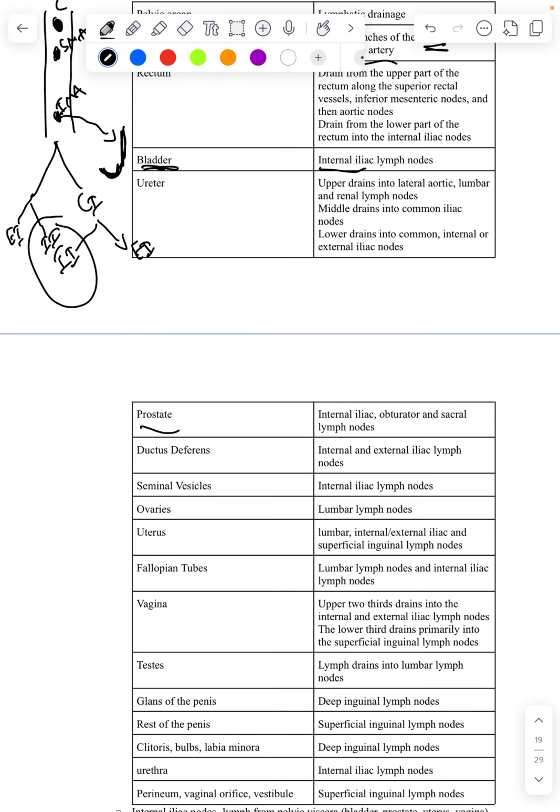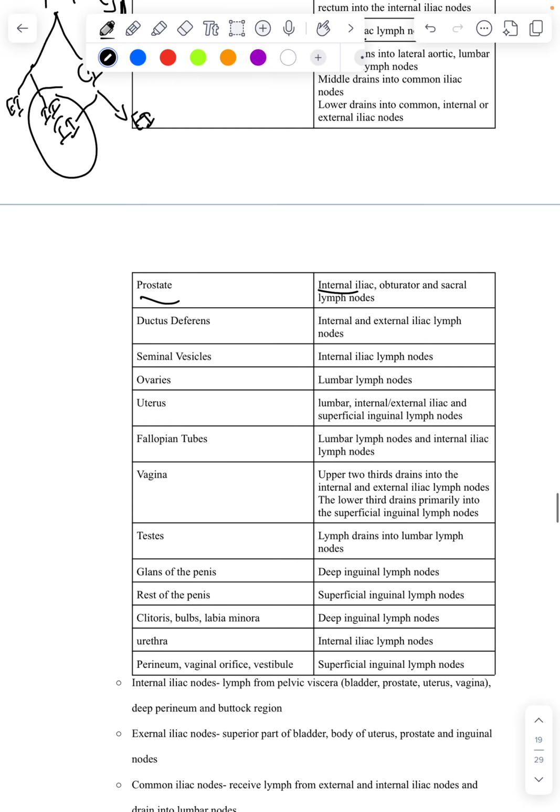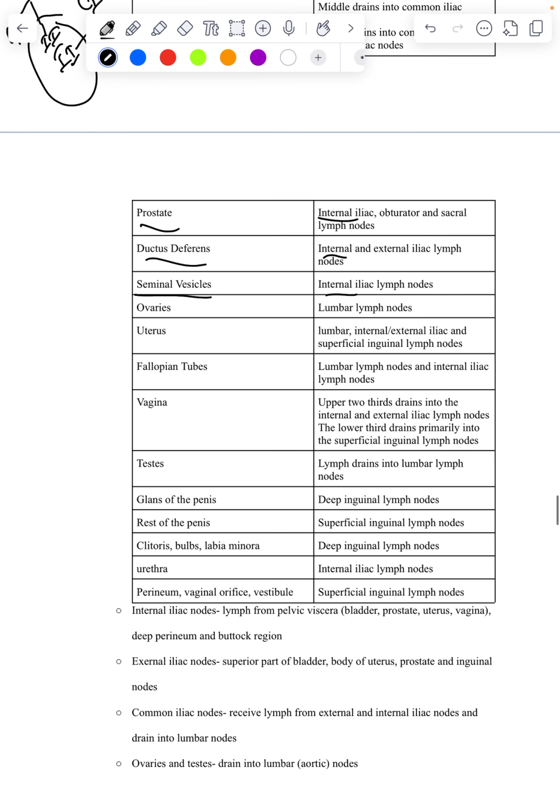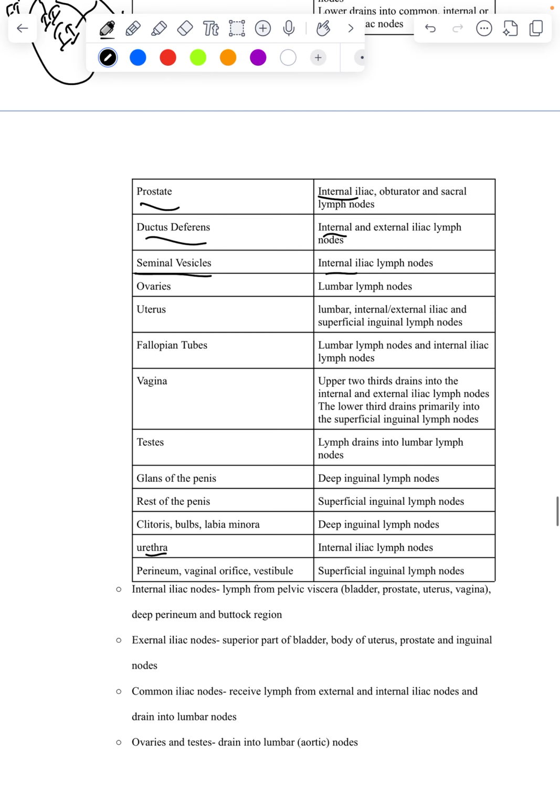We're talking about prostate, internal iliac. Ductus deferens, internal iliac. Seminal vesicles, internal iliac. What else? Your urethra, internal iliac. So knowing where they're located will help you understand which lymph nodes they drain to, because the lymph nodes usually run along with the arteries and the veins and all that stuff.